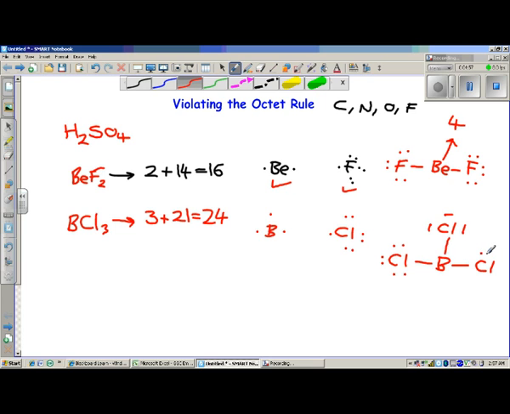Now, let's count up the electrons. 2, 4, 6, 8, 10, 12, 14, 16, 18, 22, 24. Hang on a minute. I can't count properly. I have 3 bonds, that's 6 electrons, and I have 1, 2, 3, 4, 5, 6, 7, 8, 9, 10 lone pairs, 20.